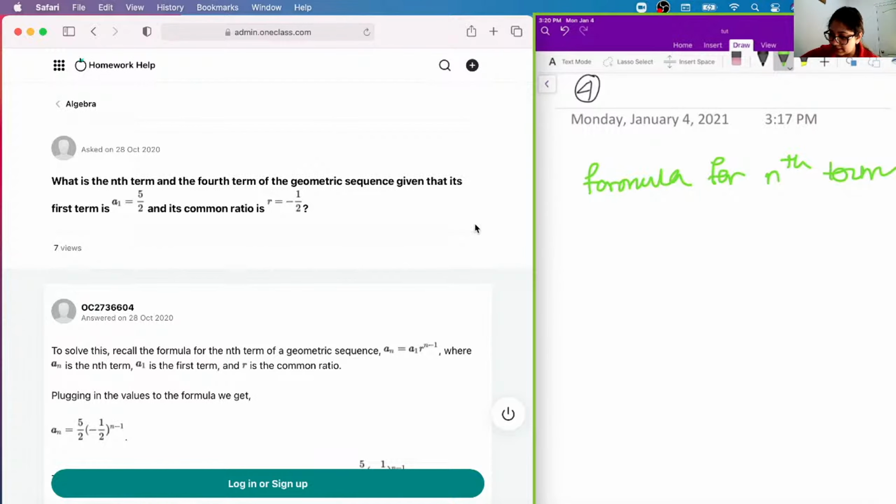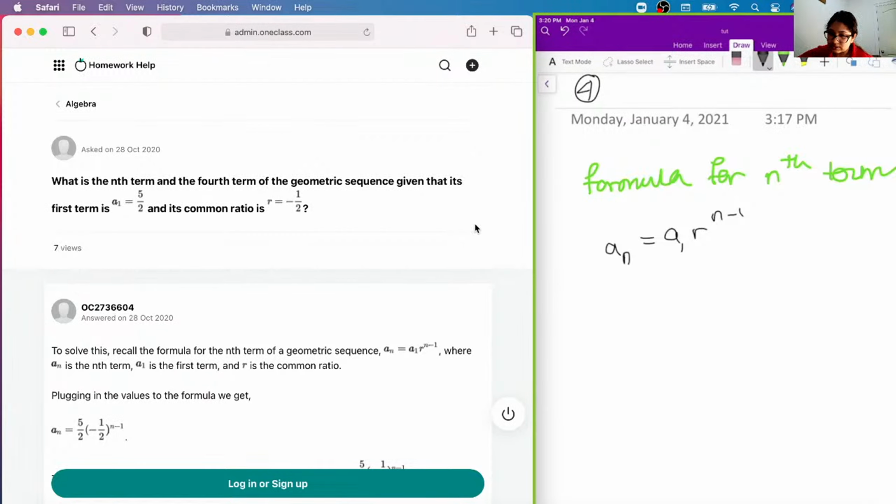So the formula is a sub n is equal to a1 times r to the power of n minus 1. So n is the nth term, a1 is your first term, and r is the common ratio.